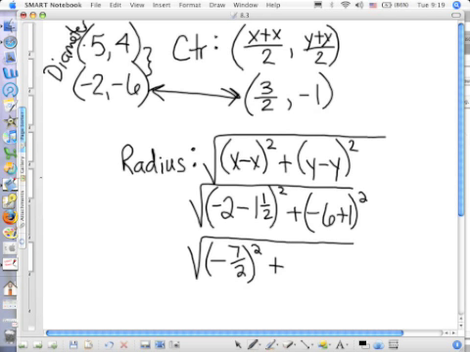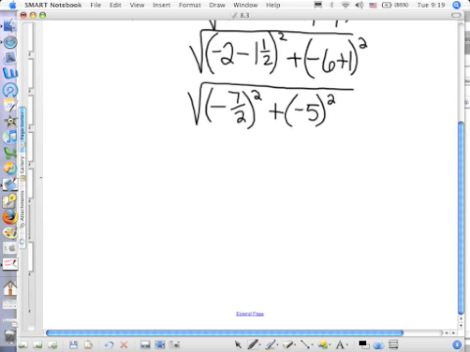And -6 plus 1 is -5, which needs to be squared. What's -7/2 squared? 49/4. But aren't we going to be adding that to a whole number?